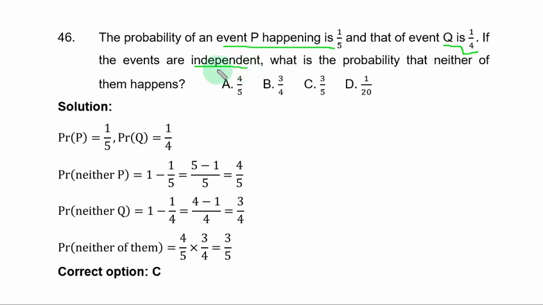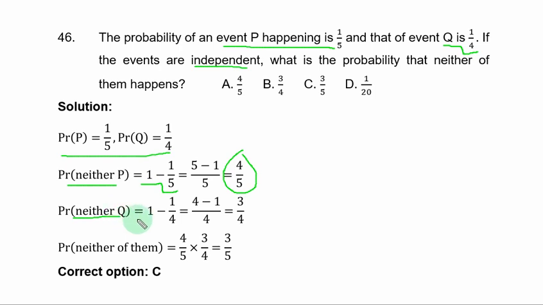The given probability is for the occurrence of the two events. So we get the probability that neither of them will happen. So we take neither P will happen. That is 1 minus P will happen. That simplifies to 4/5.